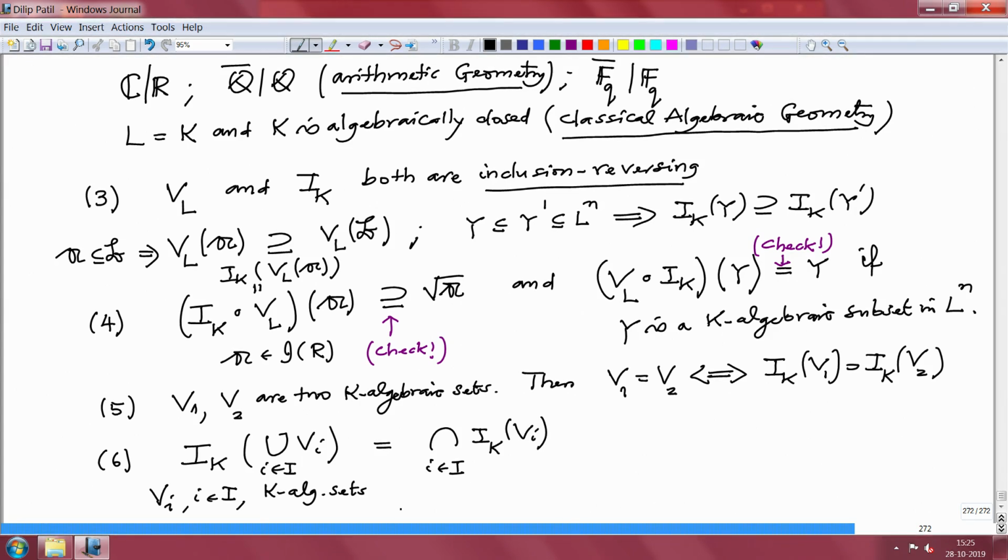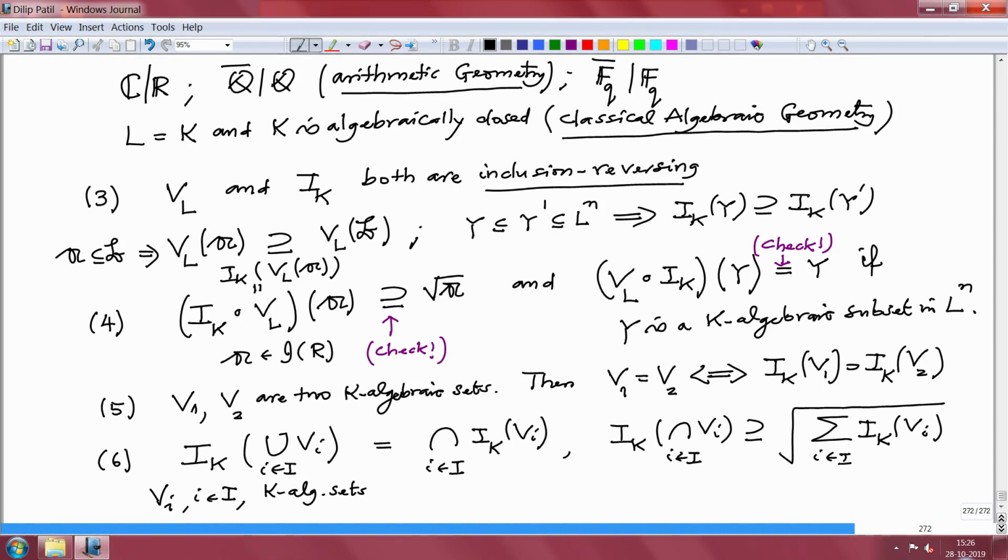And what happens to the intersection? The I_K of the intersection of V_i will only contain the ideal, some ideal of V_i's, and take the radical of that.